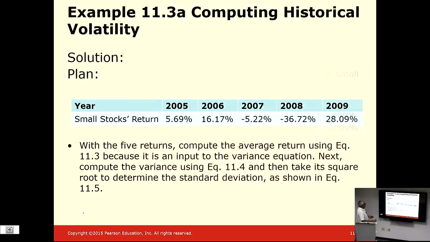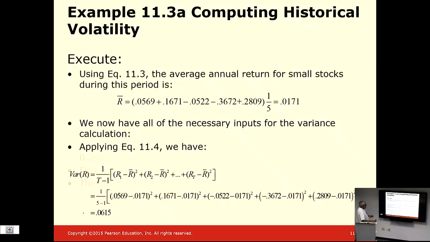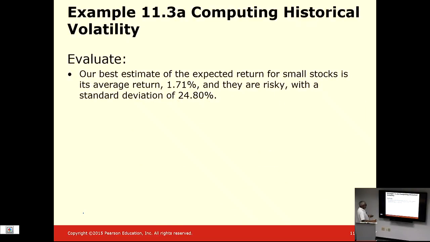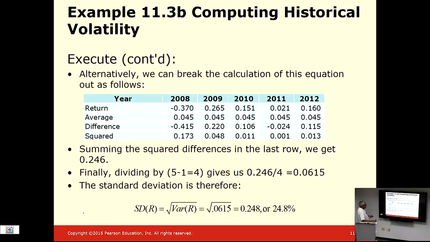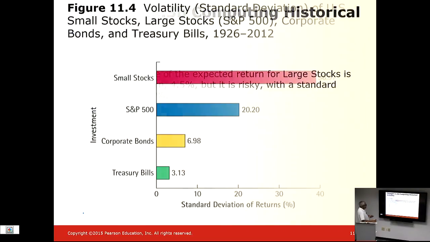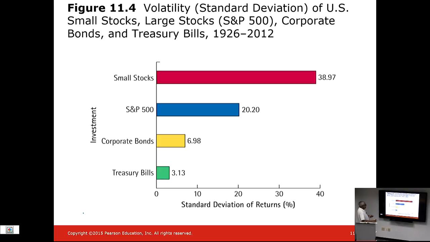Okay. You can practice some of these other problems on your own, calculating standard deviation. Try to use the table method. It's just easier to work that way. And then you can see, now you see that the small cap stock had a large return, but it also had large standard deviation.